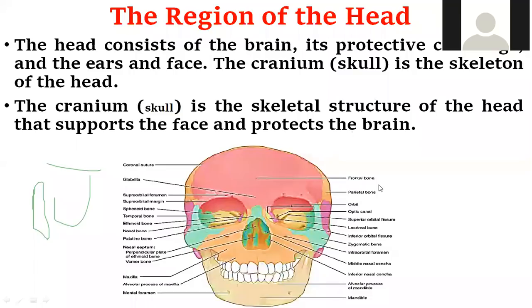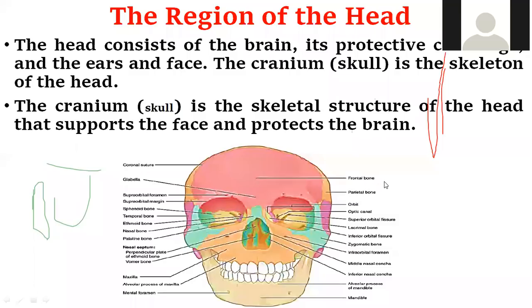Now, still in the region of the head, the cranium can be divided into the neurocranium, which is called the cranial vault. The cranial vault is the big bony covering of the brain and its membranous covering. That is, the neurocranium covers the brain and the meninges. There are 8 bones that form the neurocranium.